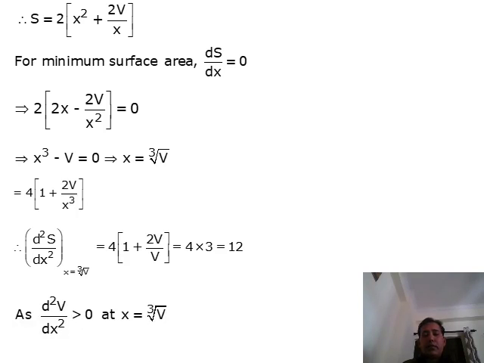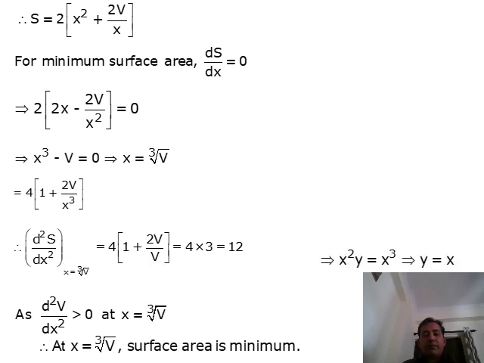Therefore, at x equal to V raised to the power 1 upon 3, surface area is minimum. Now, on putting this in the given condition, it can be seen that y is equal to x. Therefore, the cuboid is a cube.